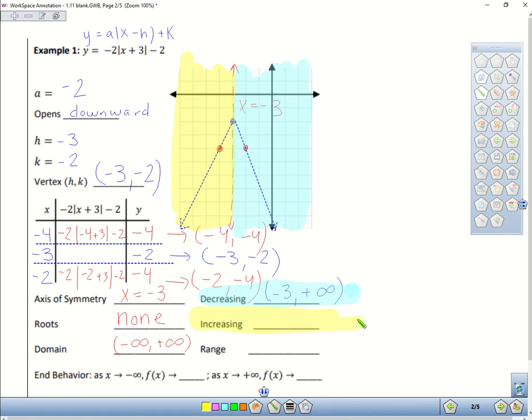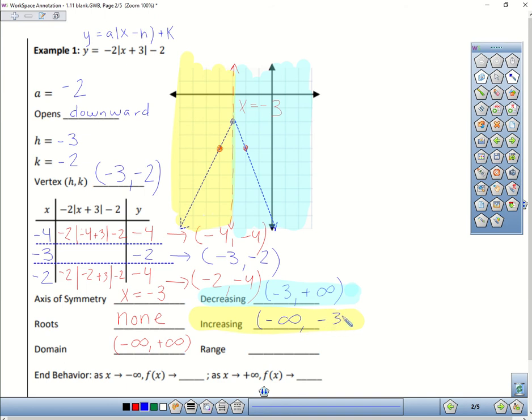And my graph is increasing from negative infinity to negative 3. Now we're going to look at our range. So the range are all the possible y values my function will ever take on.